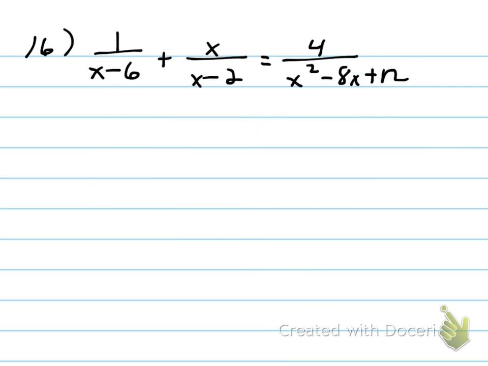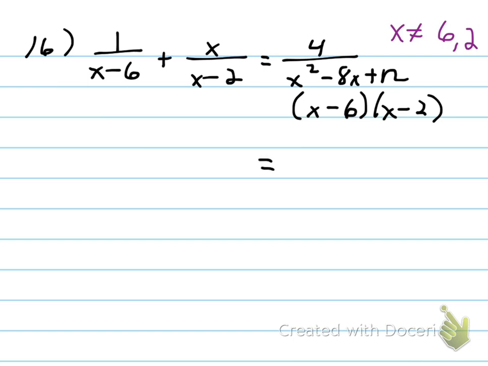Finally, number 16. I need to factor this denominator here as x minus 6 and x minus 2. At this time, I'll go ahead and acknowledge that x cannot be 6 or 2. Once again, the common denominator is on the right side, so I don't need to change that numerator.